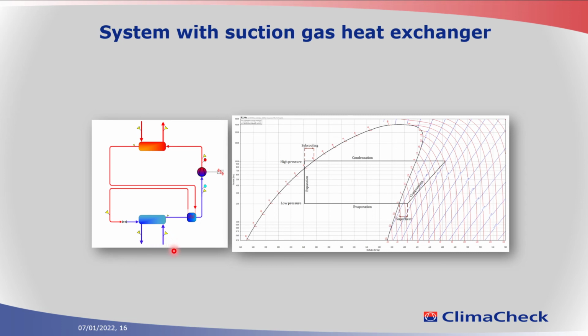But it will not add any cooling or heating capacity if you look at it externally on what you are heating or cooling. But on this type of system, there are still just two pressure levels, and we add some temperatures, and we can measure on that with the ClimaCheck system.